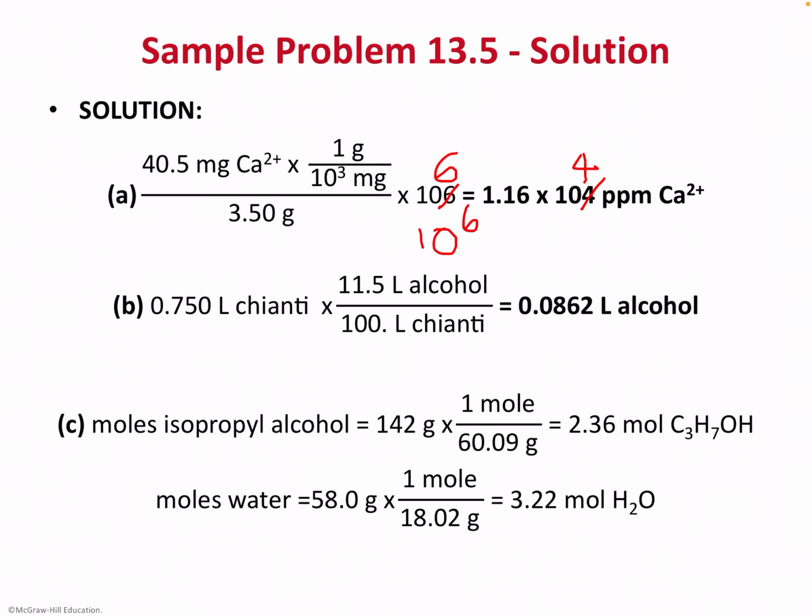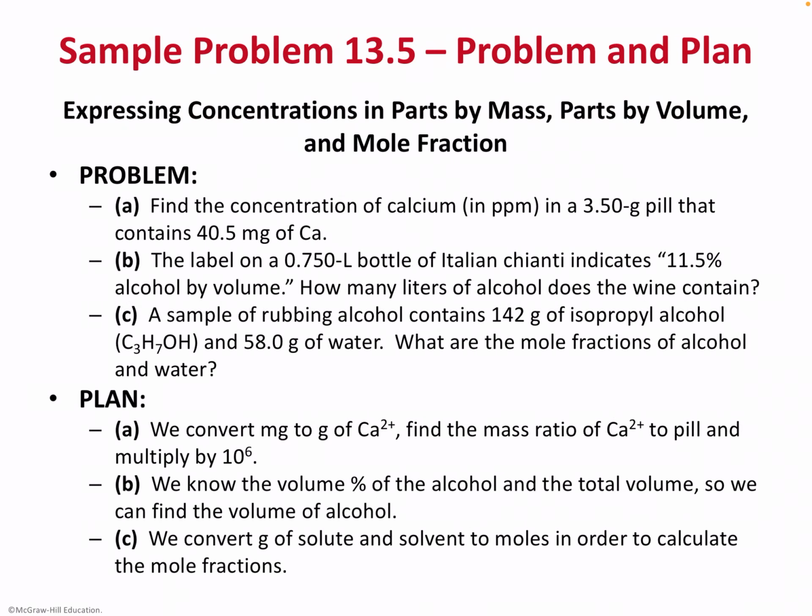Simple. The size of the bottle is 0.750 liter, and then we were given the percentage. Percentage means if you take 100 liters, 11.5 liters is alcohol. So you take the given amount and use the percentage. So the amount of alcohol is 0.0862 liters. Easy ratio.